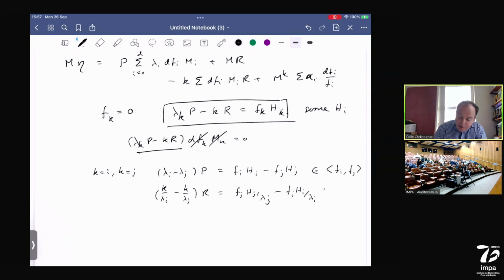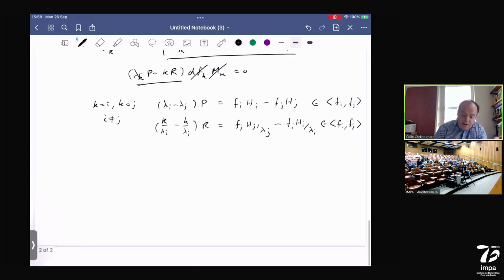In other words, both P and R are in the ideal generated by Fi and Fj, for all i and j with i not equal to j. So now let's look at the following ideal.